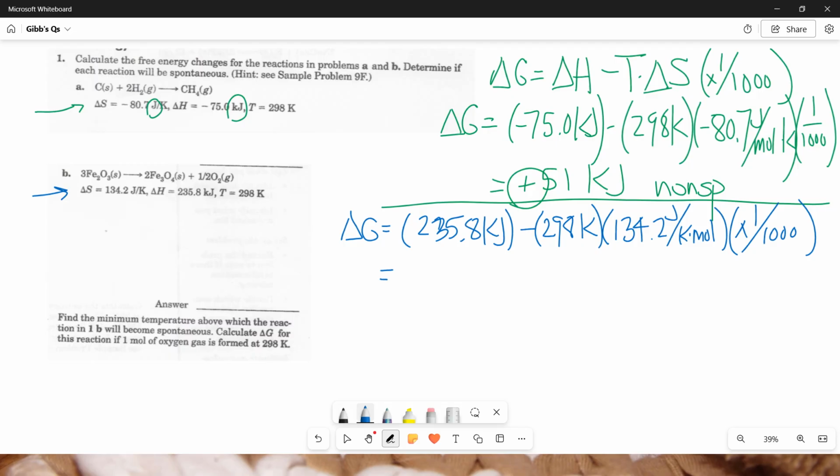So when I simplify this, I am going to get 195.8 kilojoules. This again is going to be non-spontaneous because delta G is positive.